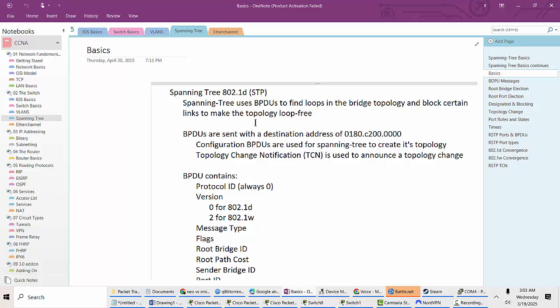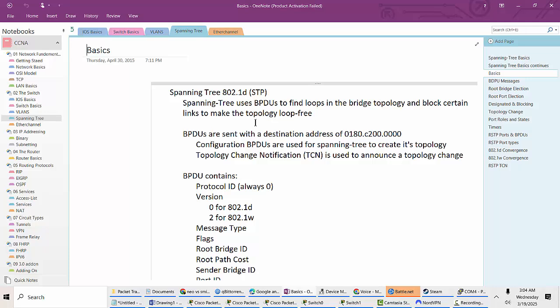Now there's some information in here like the destination address of 01-80-C2-00-00-00. Not necessarily something that you need to memorize, but good to know for an exam.